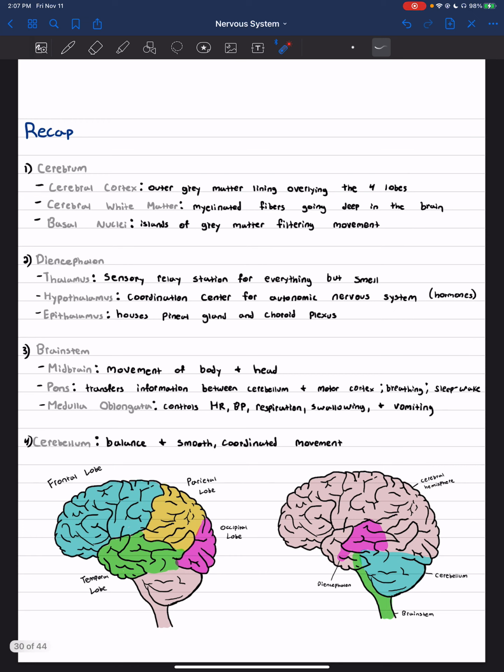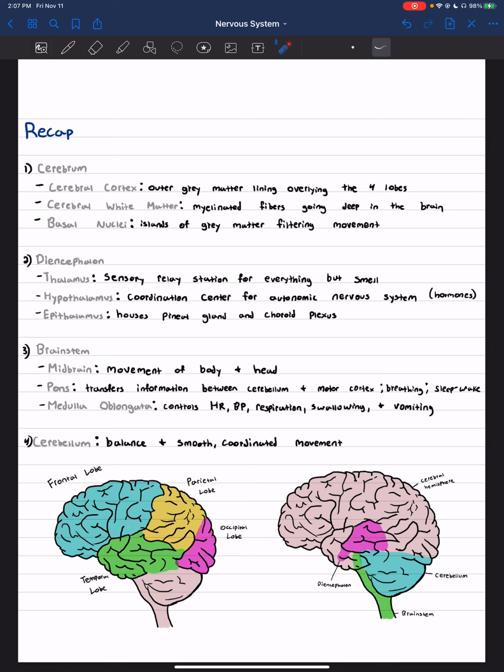But just to recap everything we talked about, just really briefly, we've got four primary regions in our brain. First one is the cerebrum, and it consists of three things: the cerebral cortex, the cerebral white matter, and basal nuclei.